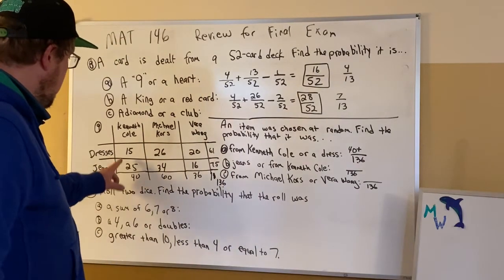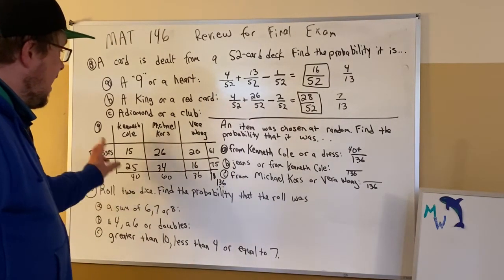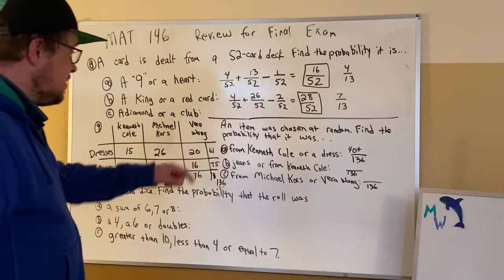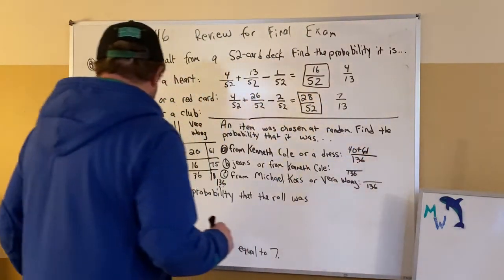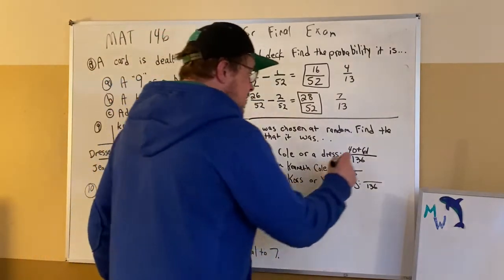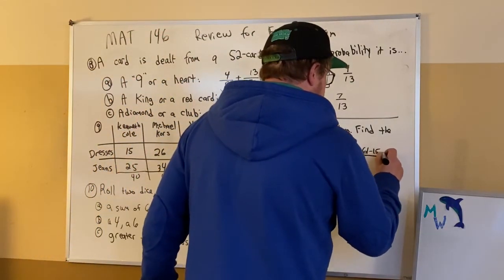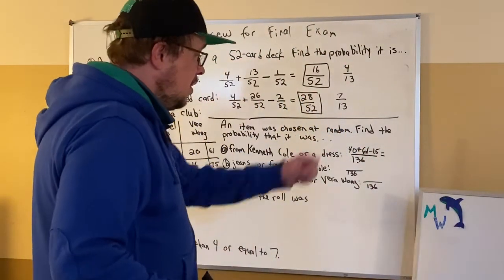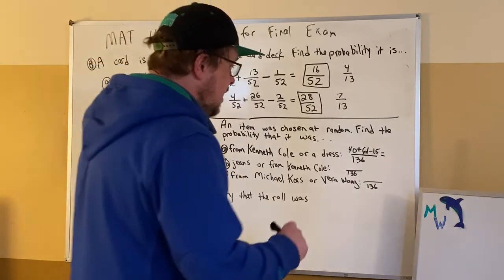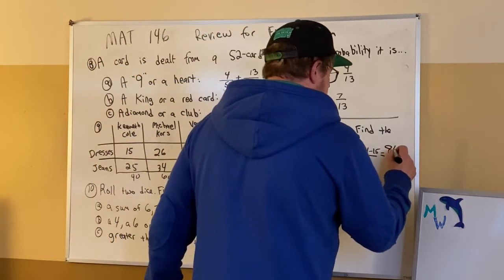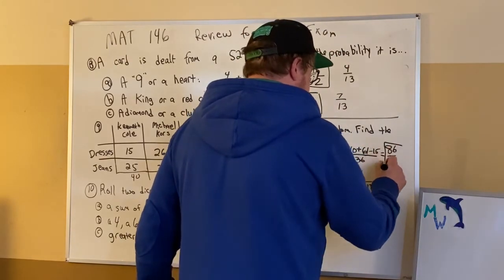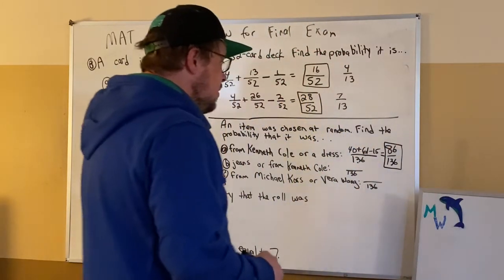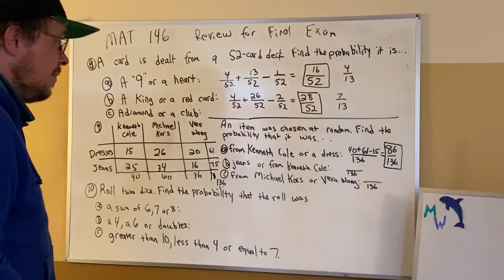So if I go for all of the Kenneth Cole 40, and then I say, let's count all the dresses as 61, some of the dresses were by Kenneth Cole. I need to subtract Kenneth Cole's dresses as 15. So 101 minus 15, 86 over 136, all right, that reduces, but this is where we're really looking at what we have. We have 101 minus 15.